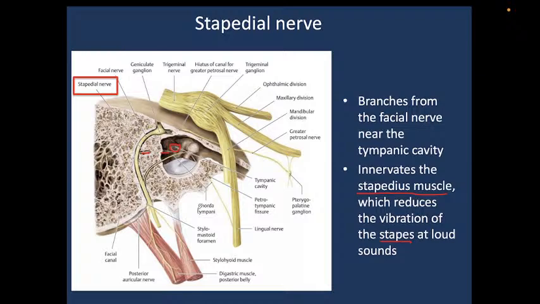And what is the function of this muscle? When we hear very deep and strong sounds, the stapes starts to vibrate very much, and it is painful.